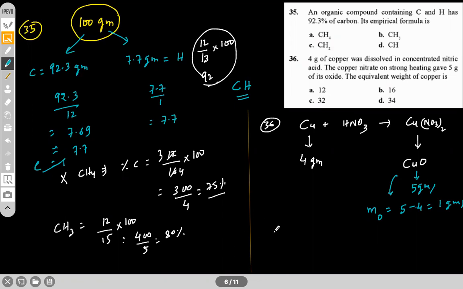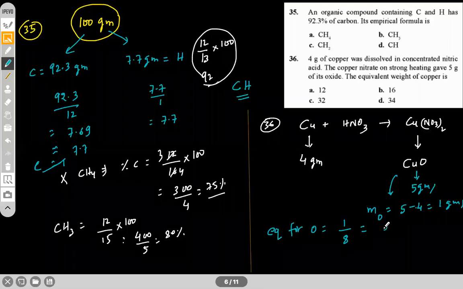So the number of equivalents for oxygen will be mass divided by equivalent mass of oxygen, which is 8, and that would be the number of equivalents of copper, because we know when two elements combine they must have an equal number of equivalents, right?